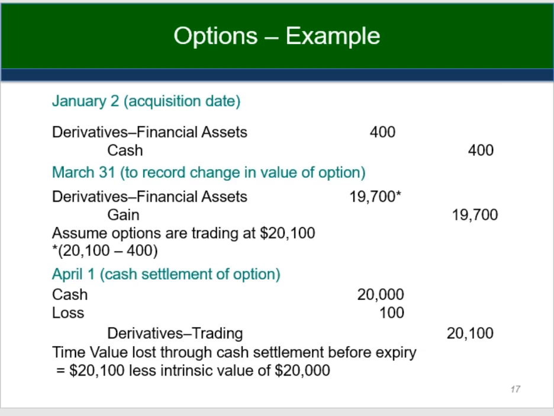On March the 31st, the value of your derivative has changed to 20,100. That's what it's trading at. So you would record a gain. The price has gone from $400 up to 19,700, largely because it's moved into the money, and you could earn $20,000 by buying the shares with the option and then selling them on the market for $120.